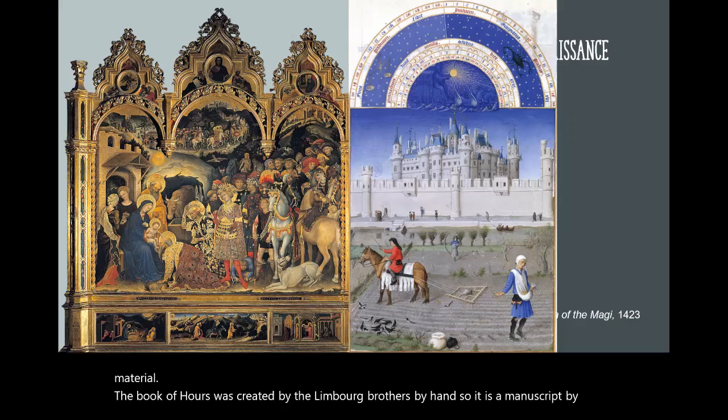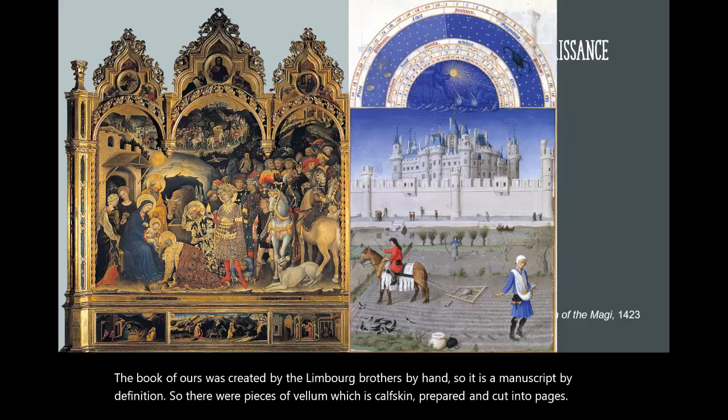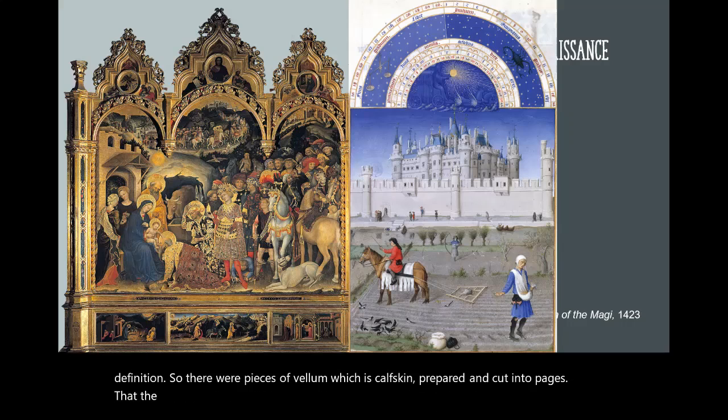So there were pieces of vellum, which is calf skin, prepared and cut into pages that the artists drew, diagrammed out their composition, and then filled in with pigment, most often tempera.